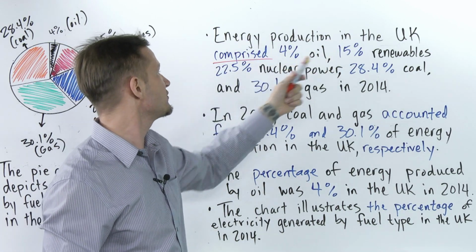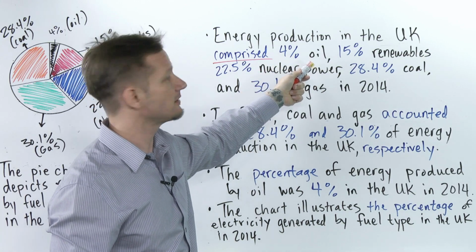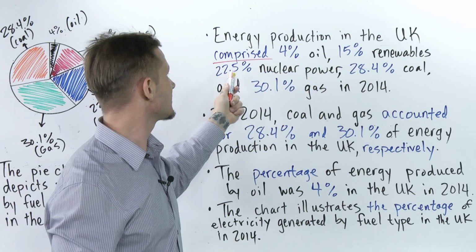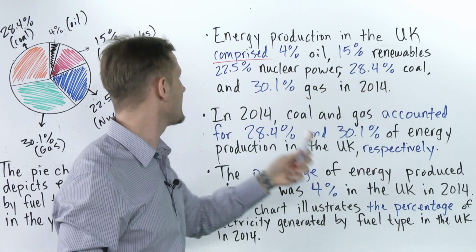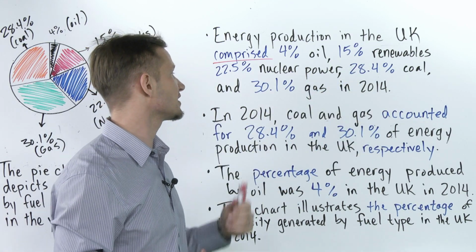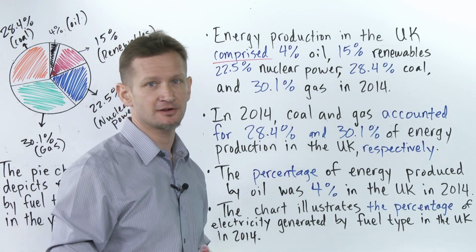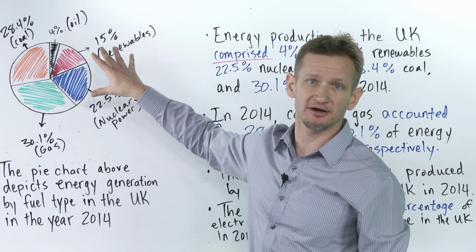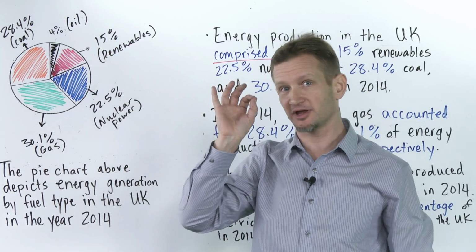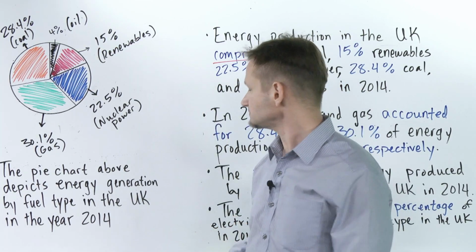Energy production in the UK comprised 4% oil, 15% renewables, 22.5% nuclear power, 28.4% coal, and 30.1% gas in 2014. So in one sentence, I described the entire chart in a really concise way.